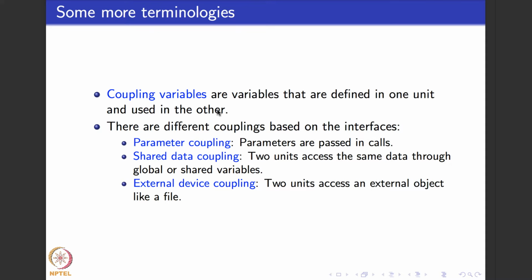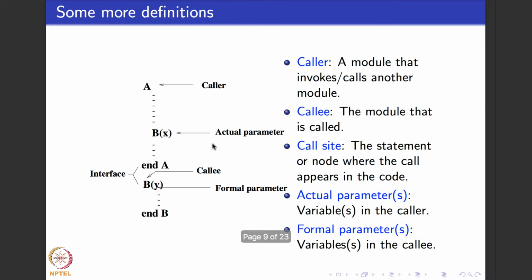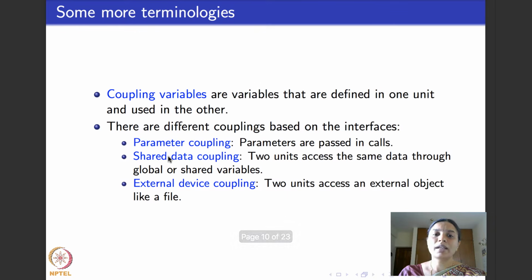And as we know, based on the kind of interfaces that we are looking at, there could be several different kinds of coupling. There could be parameter coupling. An example of parameter coupling is what we saw here: A calling B with x as a parameter and B returning something back to A. Coupling could be in terms of shared data, when modules communicate by reading from and writing to a set of global variables or shared variables. Or coupling could be in terms of an external device, right?